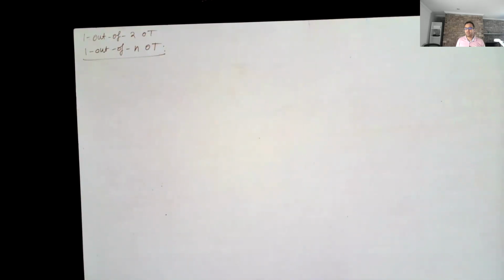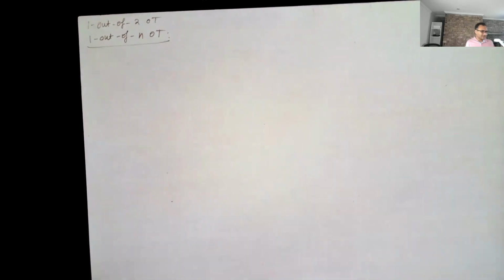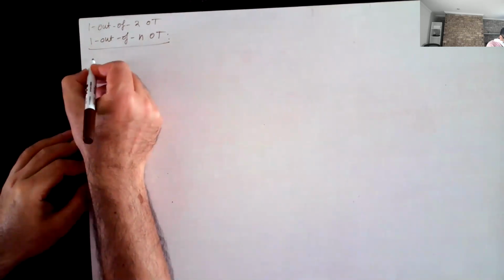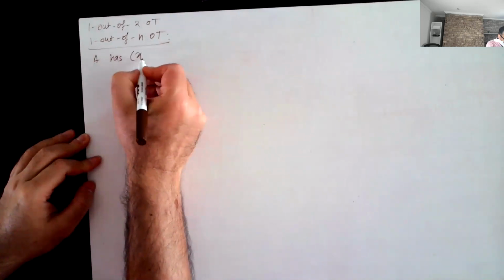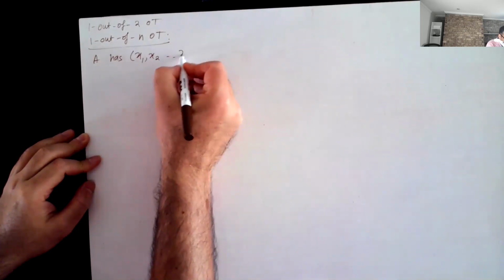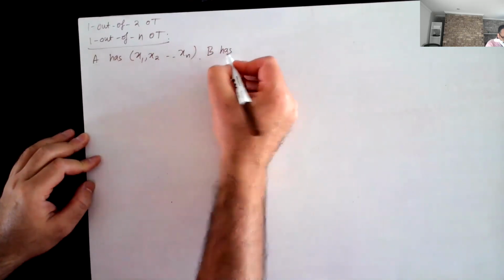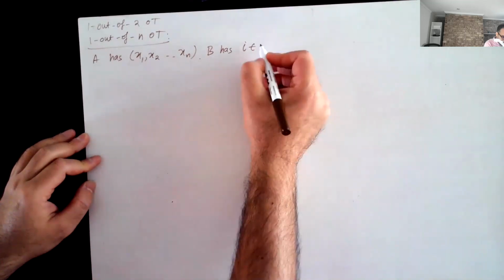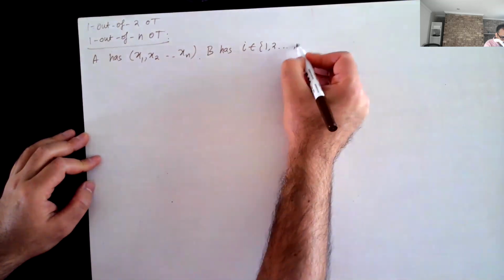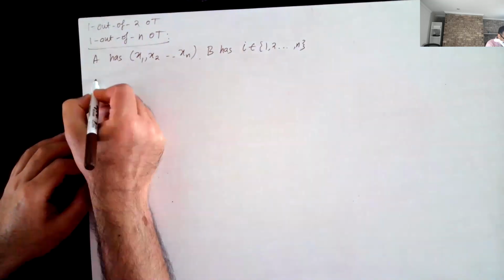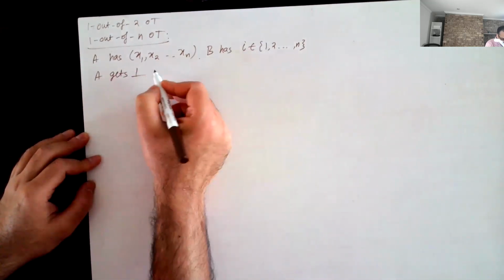So can we construct 1 out of N OT using same or maybe similar ideas? So here A has x1, x2 up to xn. The input of B is I from 1 to n. The output of A is what as before?